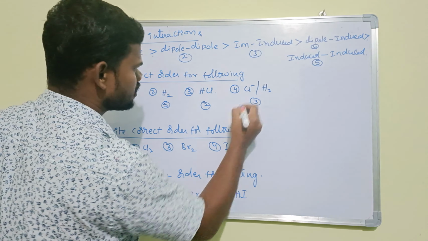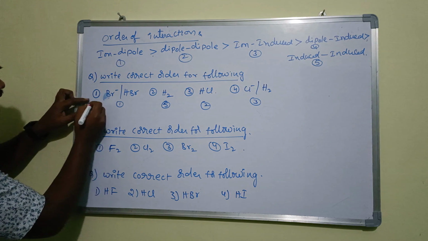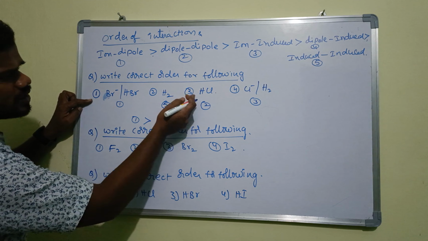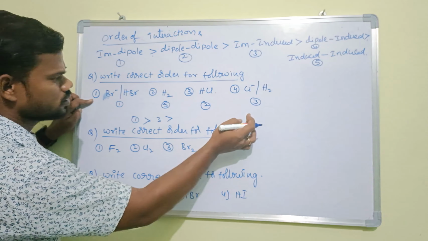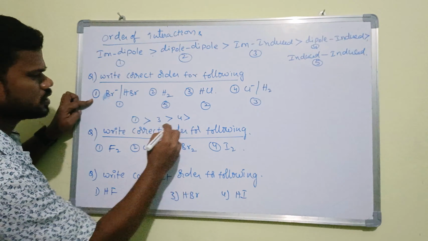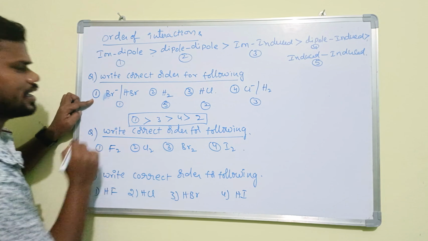So what is the correct order? The first one is greater than the third one, then the fourth one, then the second one. This is the correct order for the following interactions.